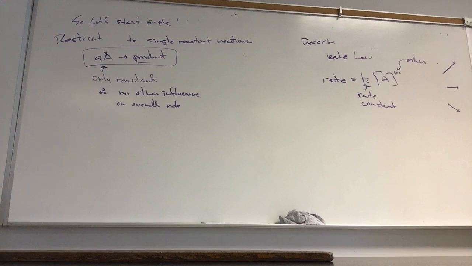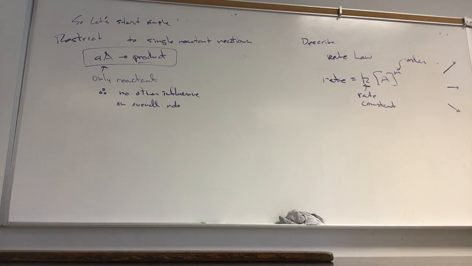Okay, m equals 0, call that zero order, and rate is equal to k A to the 0, which is just equal to k. And so we got a constant rate. No matter what we do to the concentration, it has no impact on the rate. The rate stays the same.